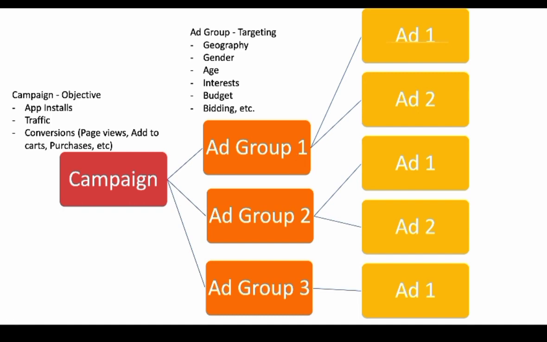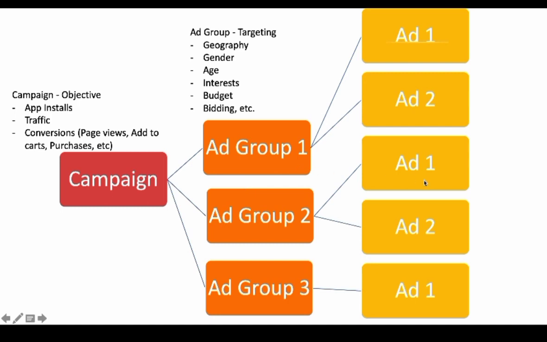Once you define your ad group, wherein you tell them that my audience is so and so, and these are 2 ads, TikTok will automatically show the best performing ad. So you do not need to keep track of which ad is working the best. Yes, you need to keep track once you get into scaling, but to start with, just select 2 or 3 ads and then start your ad.